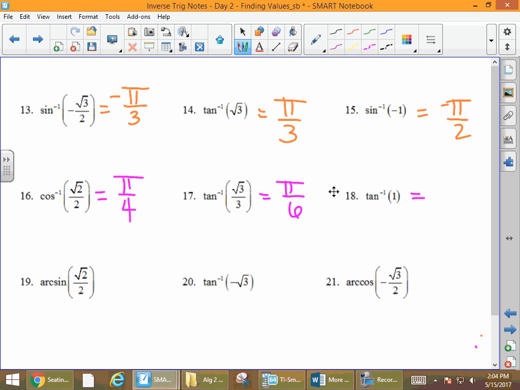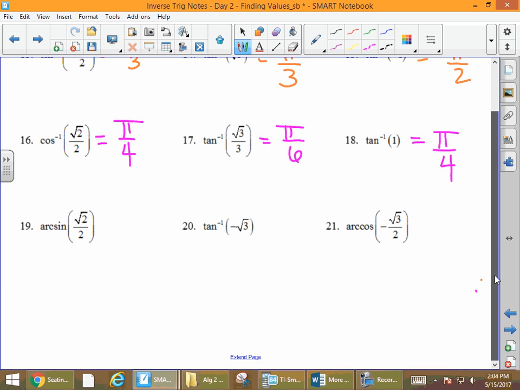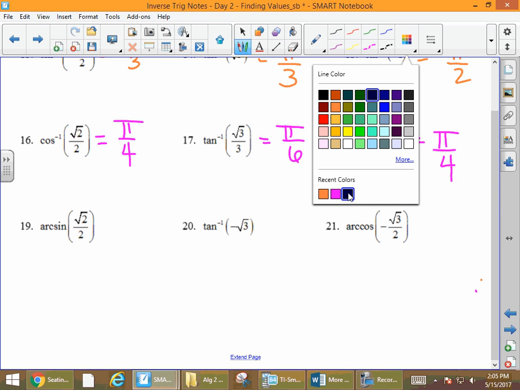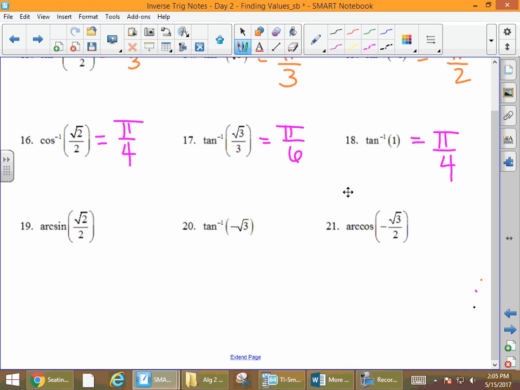So, tangent of what angle equals 1? And then to finish here, arc sine of radical 2 over 2. Pi over 4. We've got to get the unit circle back in our head.